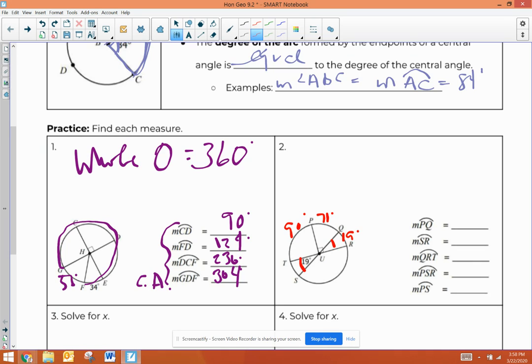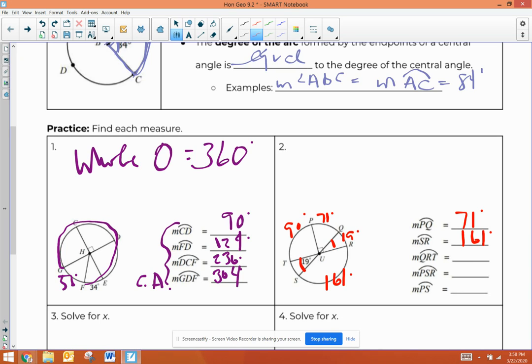This will be 180 minus 19, which is 161. We can do one part at a time from here. So measure of arc PQ would be 71 degrees. Measure of arc SR would be 161 degrees.